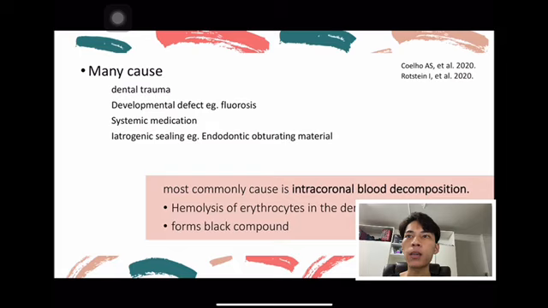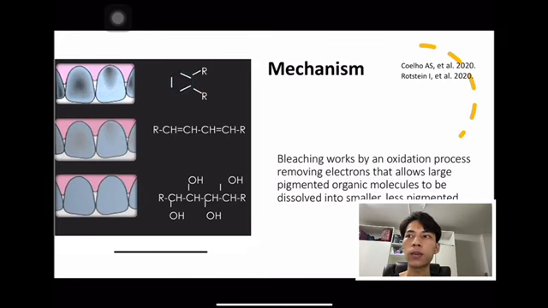And the mechanism of tooth bleaching: bleaching works by an oxidation process, removing electrons that allow large pigmented organic molecules to be broken down into smaller, less pigmented ones.